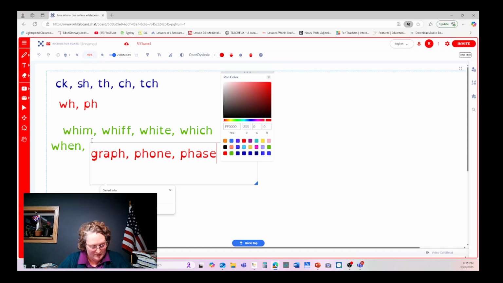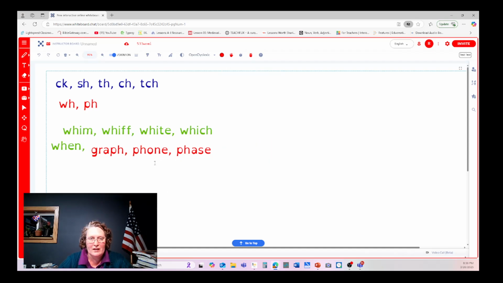And phase. Okay. Graph. Graph. Phone. O-N. Phase. Phase. Phase. Even though it sounds like a Z in phase, it's going to be an S for phase.